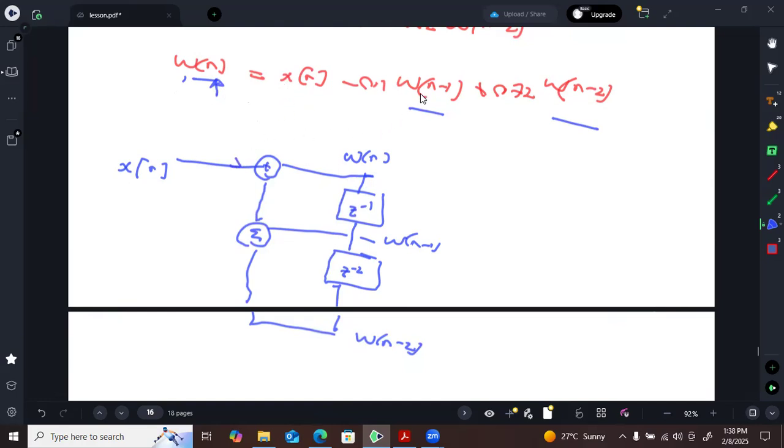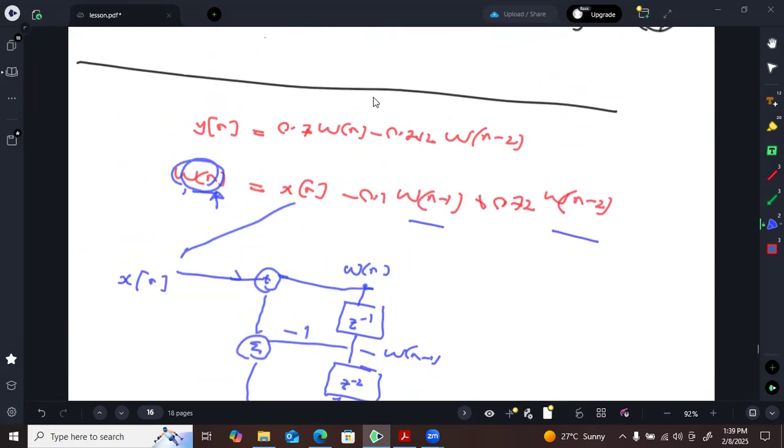I'm adding the negative wn minus 1 and multiplying by negative 0.1 to get this, and by 0.72 also. So you can see that I've actually realized wn by bringing this and the delayed versions. So I shall realize this part.